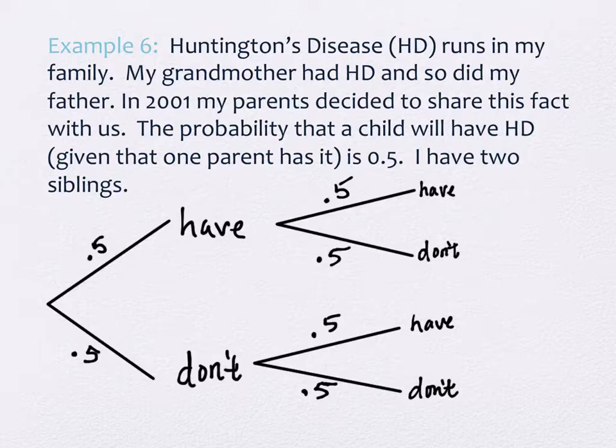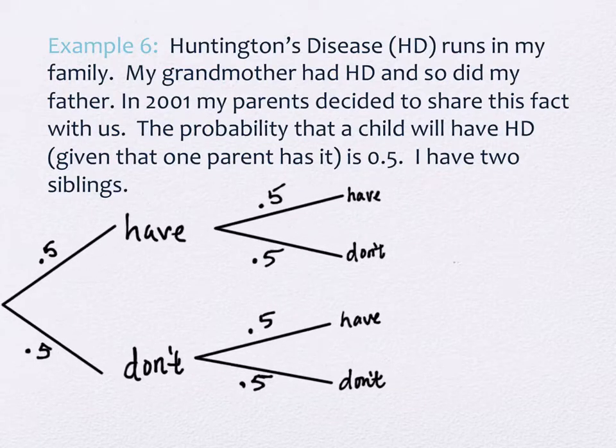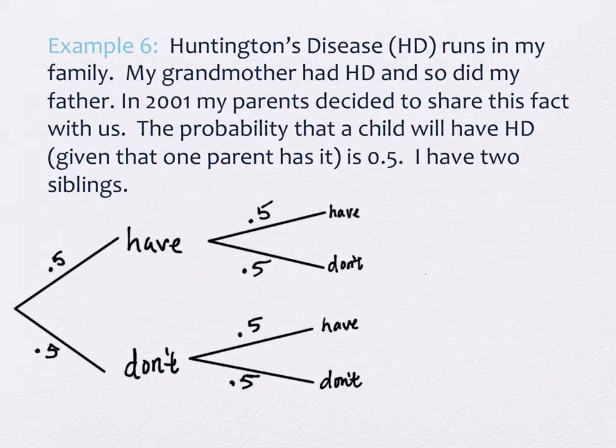My third and final sibling is my brother. So at the end of this tree diagram, we need one more set of branches. This is the biggest tree diagram we've done so far. I need some more space, so I'm going to move it over a little bit. If you're having trouble squeezing it all in, you should probably just make your branches longer. That usually helps. So these are my brother's branches.